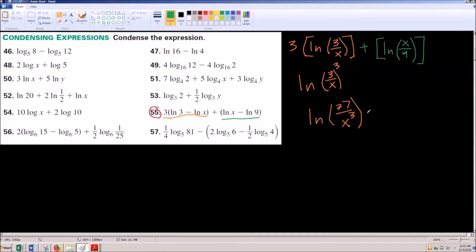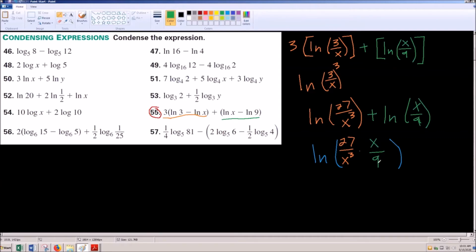So now I'm going to just carry this thing down. So now I have plus natural log of x over 9. Now when I'm looking at these, I'm doing addition, so these things are being multiplied. So my final answer here is going to have natural log of, and I'm going to write these two things out with their respective colors. So we got 27 over x to the third times x over 9.